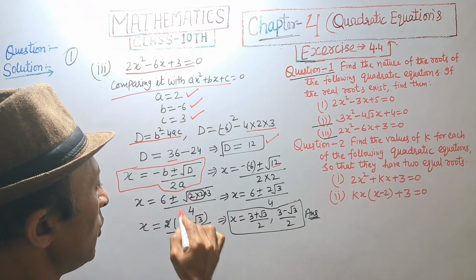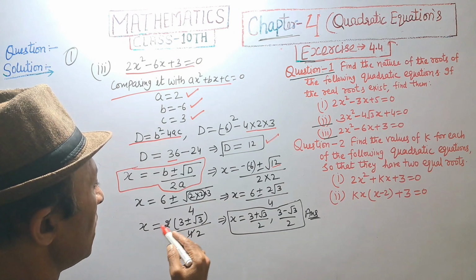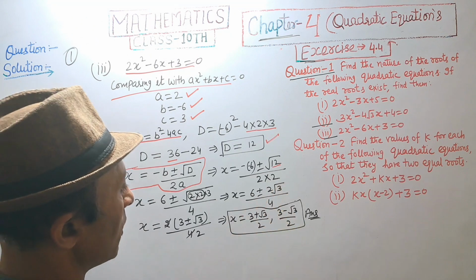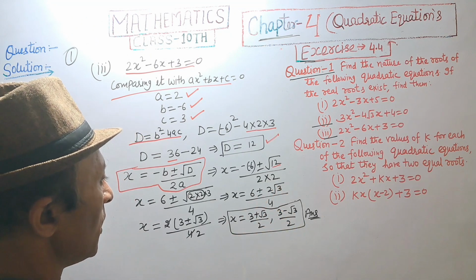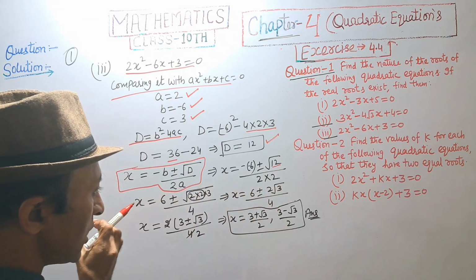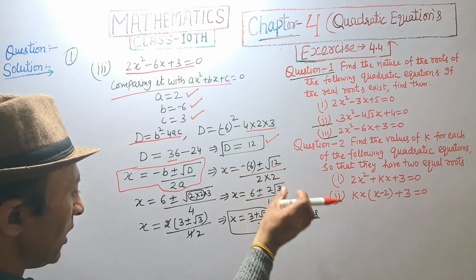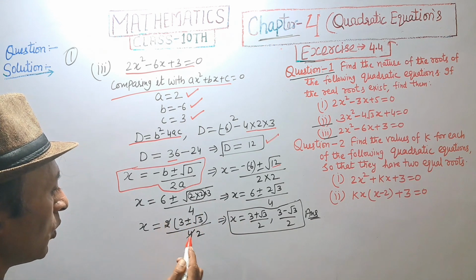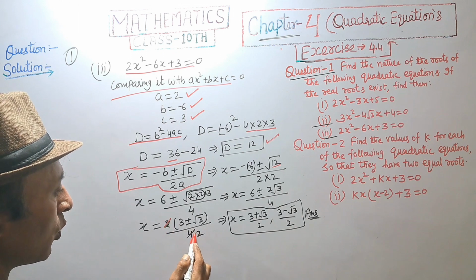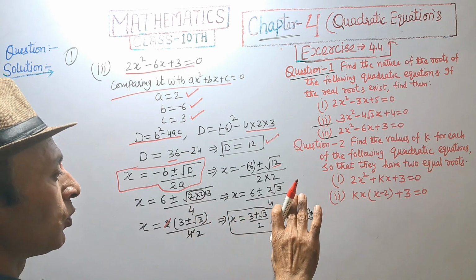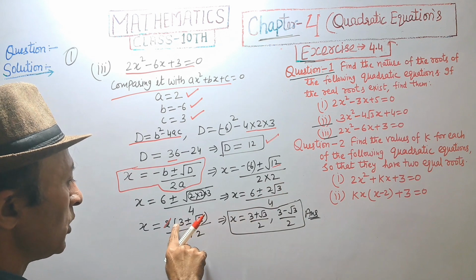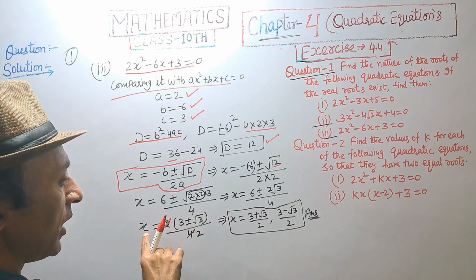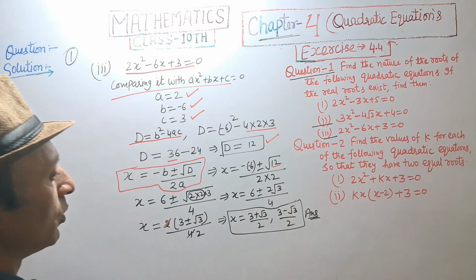In root, taking one pair of 2 is common, and that is equal to 6 plus minus 2 root 3 upon 4. We are taking common 2 in this, and in bracket we get 3 plus minus root 3 upon 4. 4 is cancelled, 2 2s are 4, and we get two unequal roots, that is x equal to 3 plus root 3 upon 2, one root, and another root 3 minus root 3 upon 2.